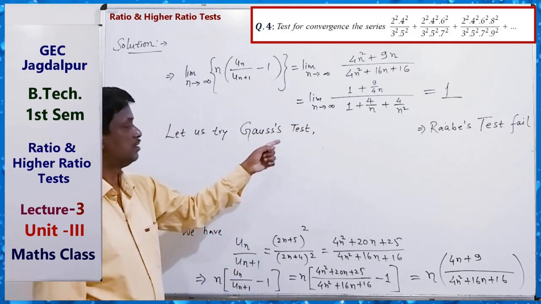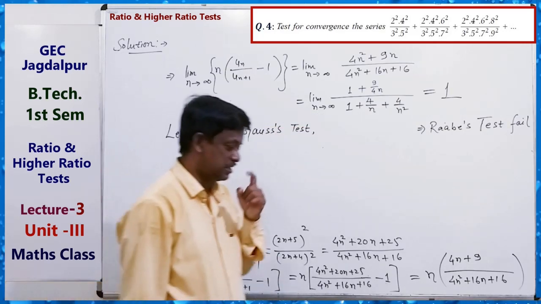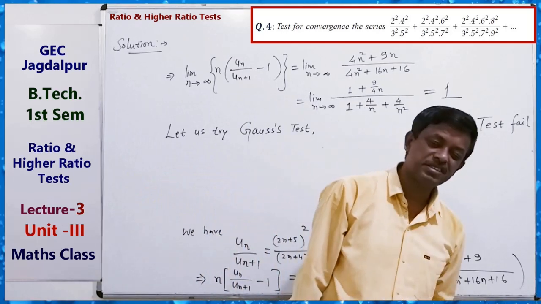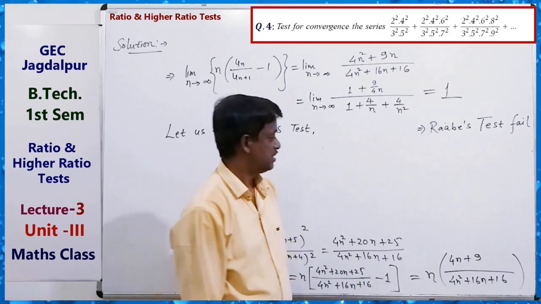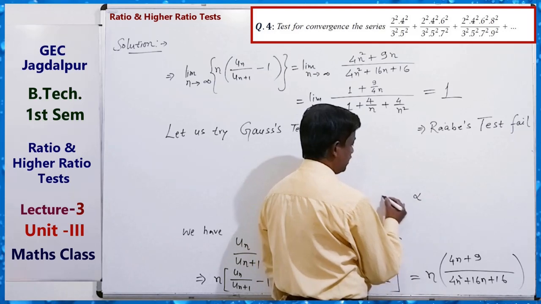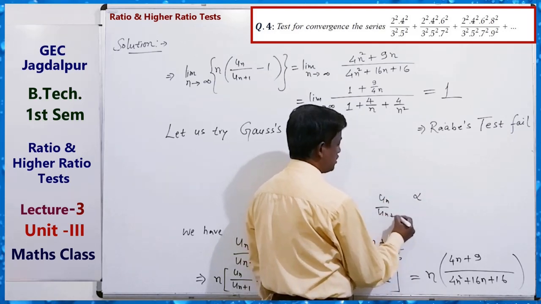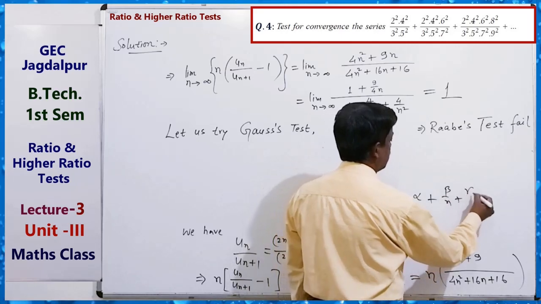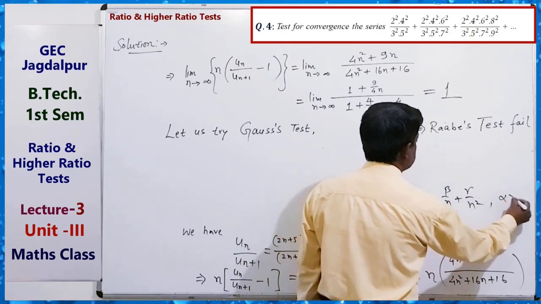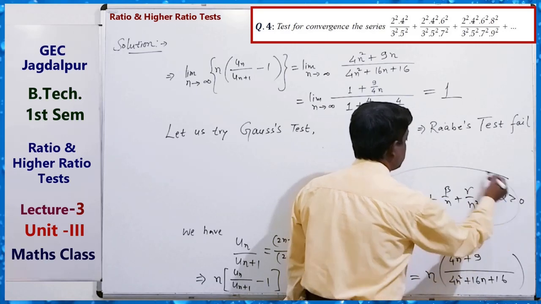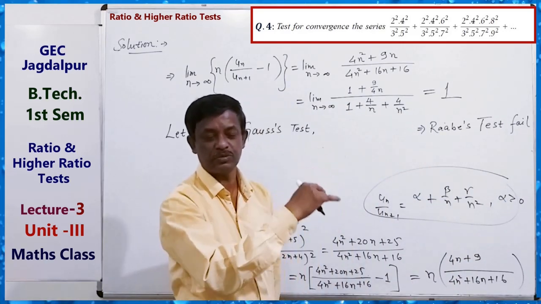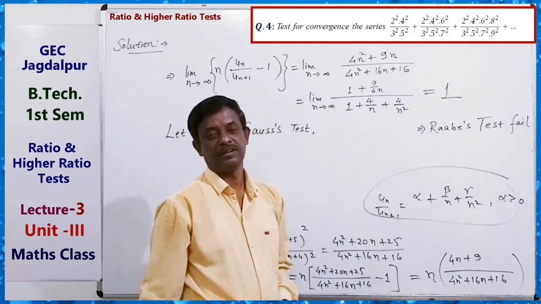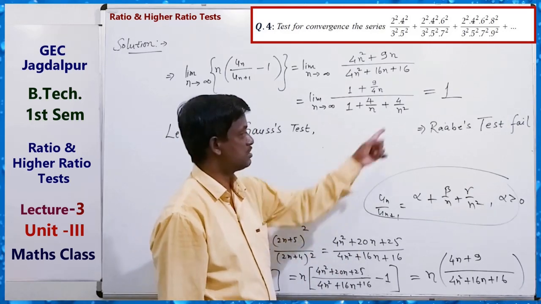Let us try the Gauss test. For the Gauss test, what we are doing is writing un upon un plus 1 equals alpha plus beta by n plus gamma by n square, alpha greater than 0. Just in this format we are trying to write un by un plus 1. Clear? For the Gauss test, because Raabe's test has failed.